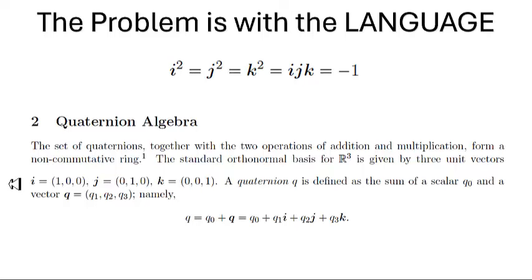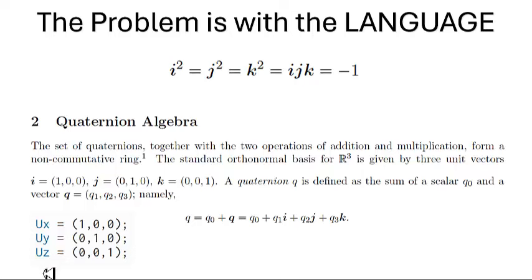So if I were writing this paper, for example, I would be inclined to use u sub x, u sub y, and u sub z for the three unit vectors. The reason for this is because this is literally the x-axis, this is literally the y-axis, and this is literally the z-axis.